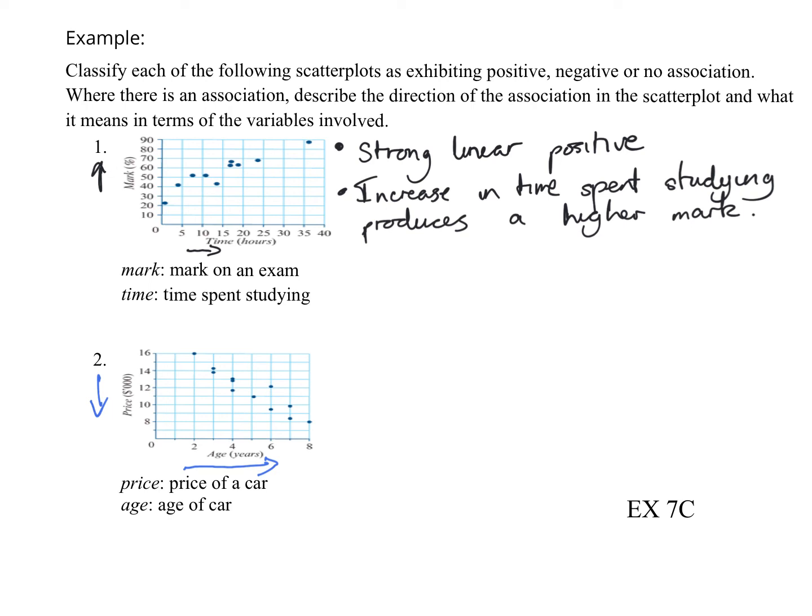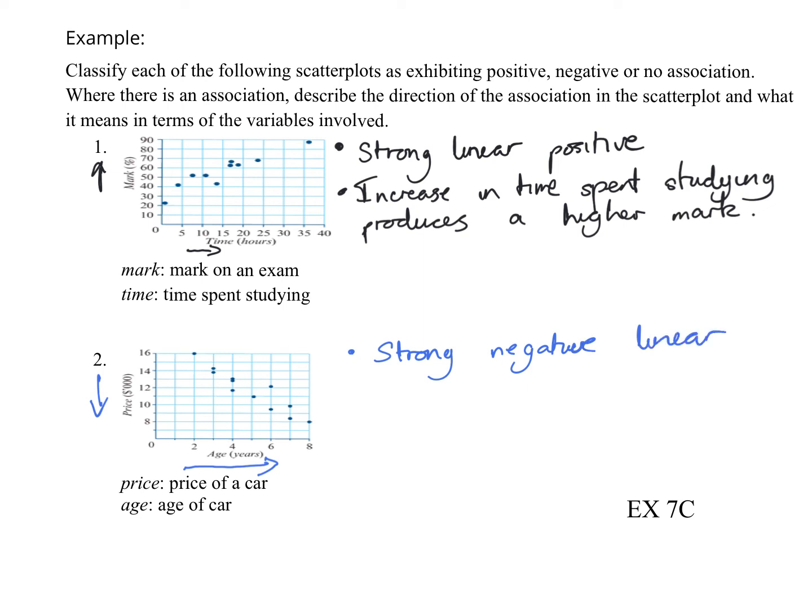So how would we describe this scatter plot just mathematically? Again, as a visual, I would say that it's strong and that it's linear, but this time it is negative. So strong, negative, and linear.